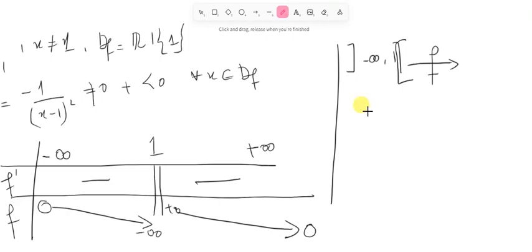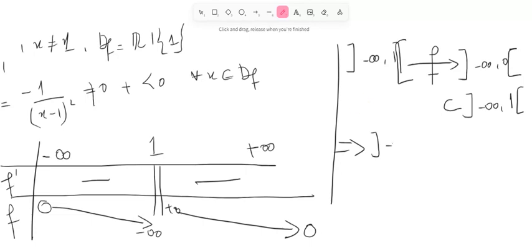The image of this interval by f will be minus infinity 0. And of course, this interval is included in minus infinity 1. Okay? So we can conclude that minus infinity 1 is mapped to itself.